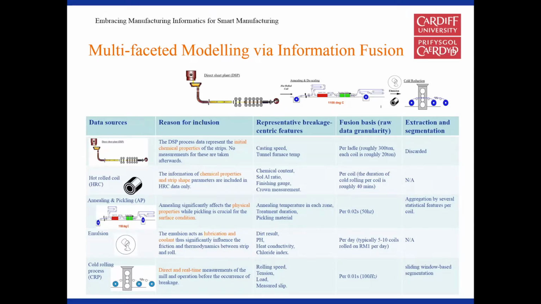When we try to analyze the process, we usually encounter a failure or critical status, which is called strip breakage. So the material during the cold rolling process just breaks up. And this is notorious. And this is actually quite a chaos-causing problem.